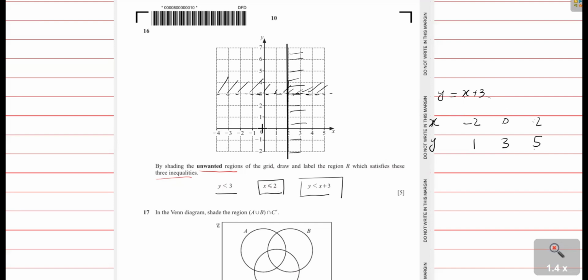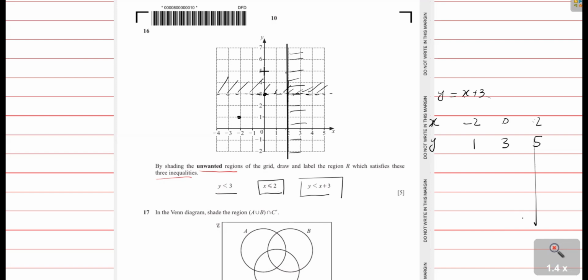And we will mark the points here. This is minus 2, 1, and this is 0, 3. When the x coordinate is 0, the point lies on the y-axis, because on the y-axis all x coordinates are 0. Therefore, we mention this is 0, 3. Next point 2, 5. This is 2, and this position is 5.